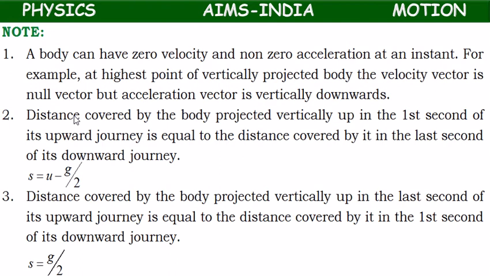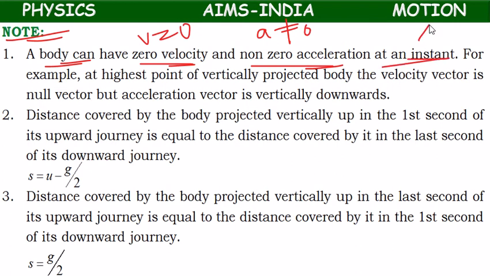Next one. Here we have to note some points. A body can have zero velocity and non-zero acceleration at the same instant. For example, at the highest point in a vertically projected body, the velocity is 0.